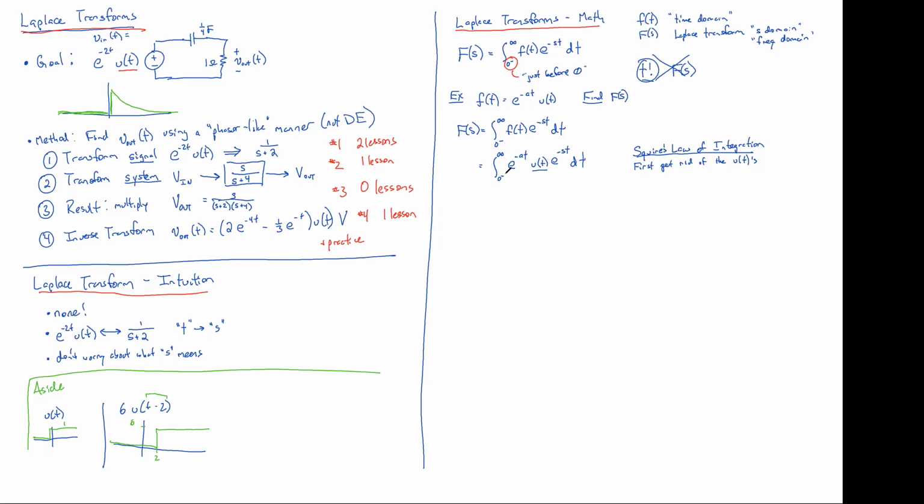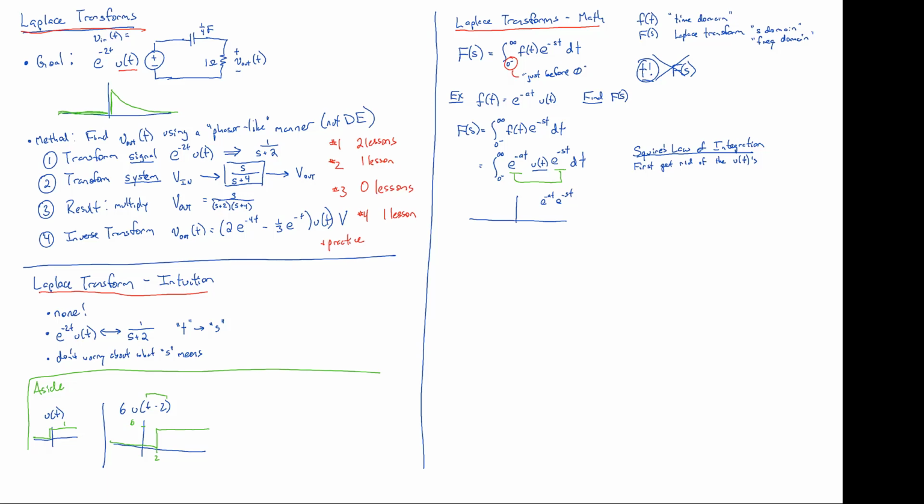When I don't know how to do something, I draw it. So I'm going to first draw what that part looks like, what everything other than the u of t looks like. So here's my picture of what e to the minus at, e to the minus st looks like.